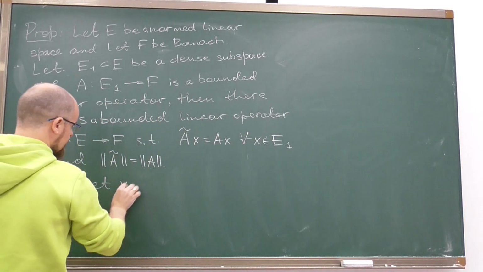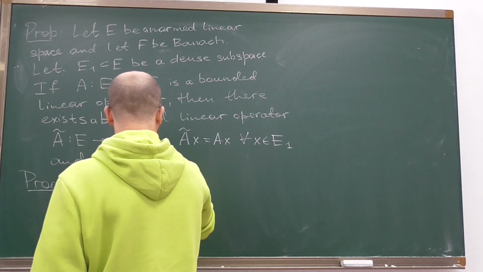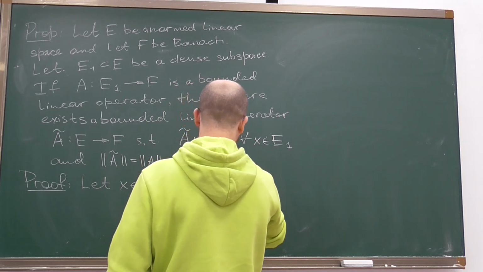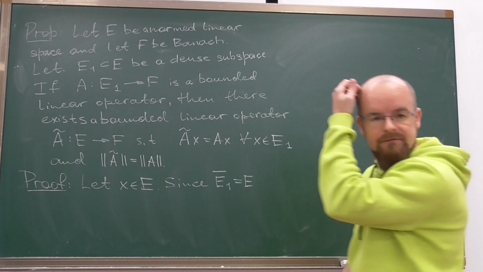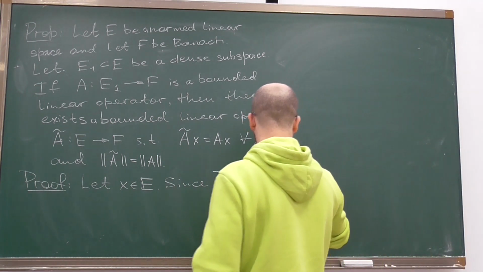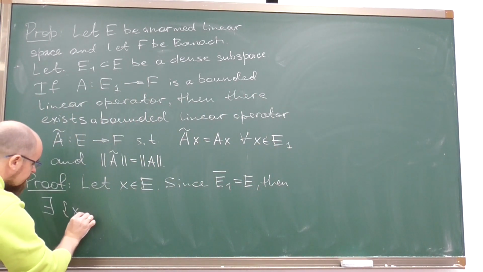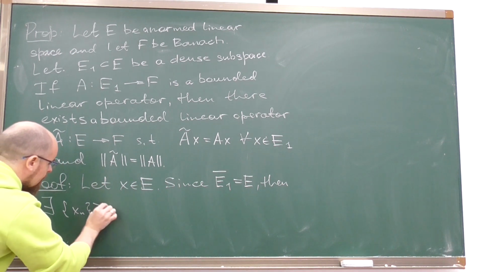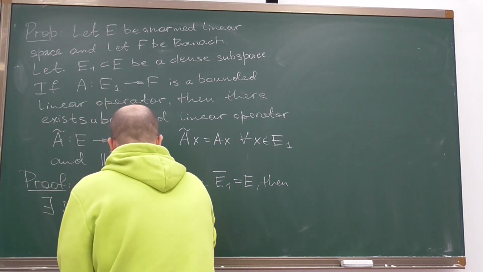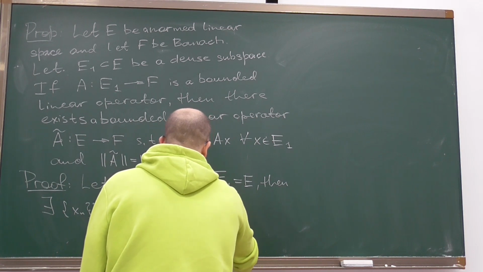So let x be an arbitrary point from E. Since E1 is dense, so the closure of E1 is E, there exists a sequence x_n from E1 such that this sequence converges to x.